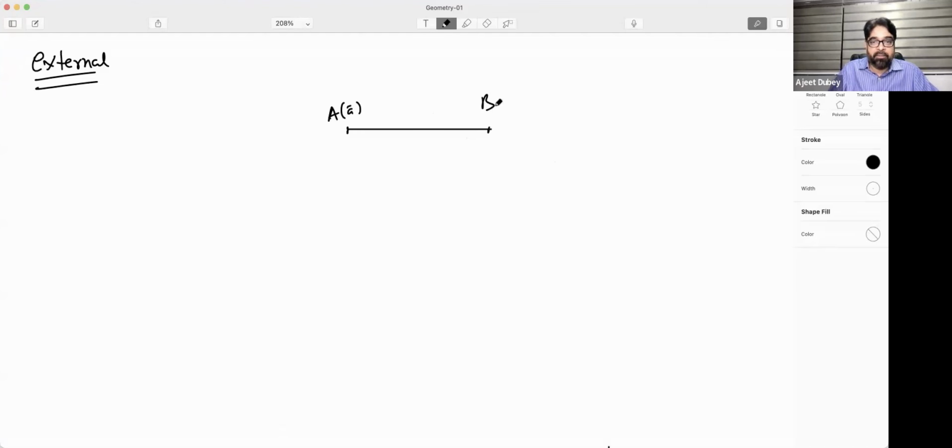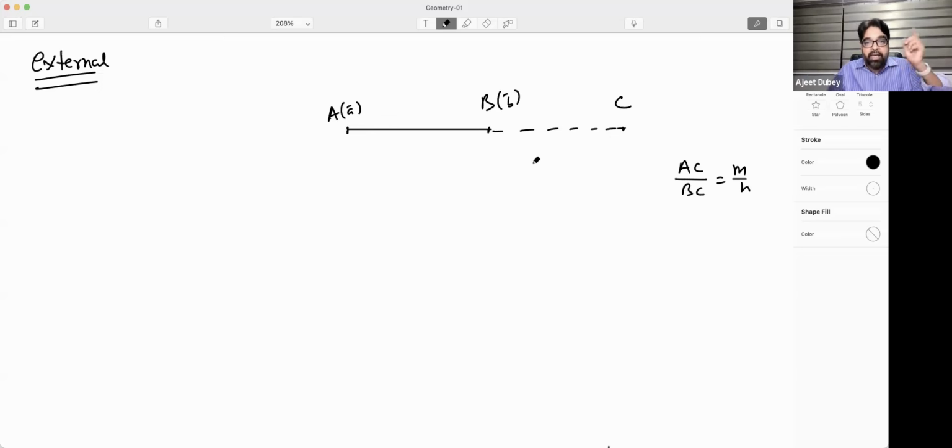I want to get the position vector of some C, which divides in such a way that AC by BC is equal to m by n. Means m is attached with A, and n is attached with B. Do you understand? AC by BC is equal to m by n.